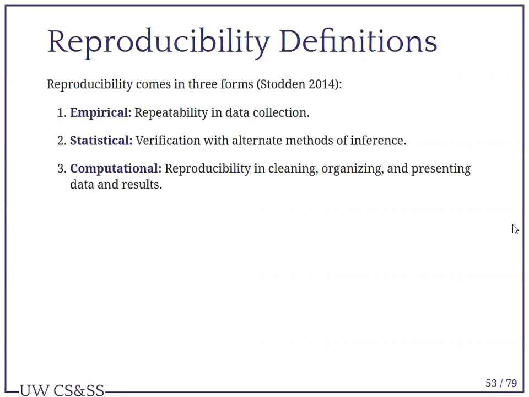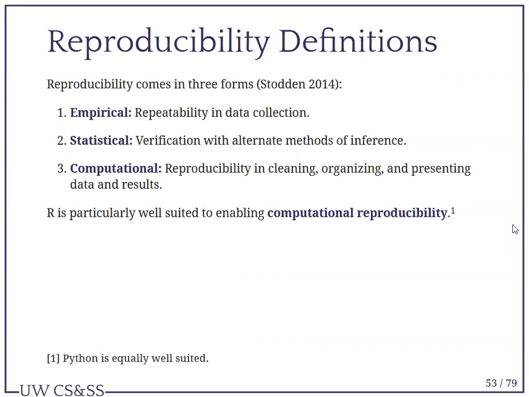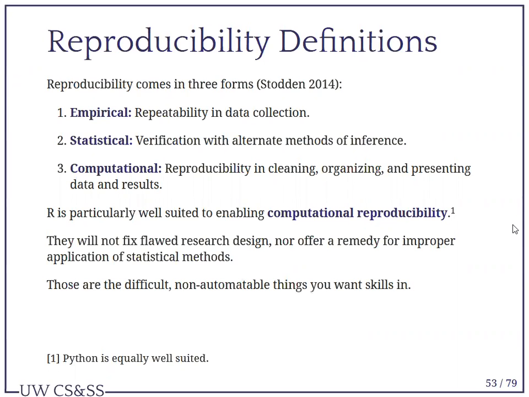Third is computational: reproducibility in cleaning, organizing, and presenting data and results. R is particularly well suited to enabling computational reproducibility. Python is equally well suited to do that. This will not, of course, fix a flawed research design, nor offer a remedy for improper application of statistical methods. Those are the difficult and non-automatable things you want skills in.